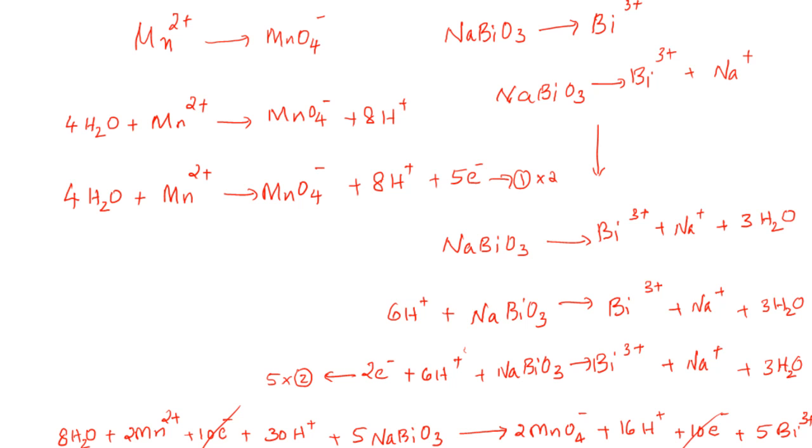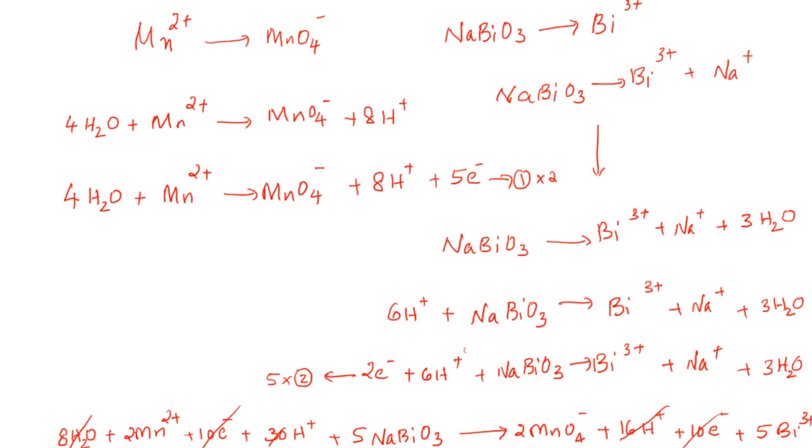Right side, after 8 is gone, we have 7 water left. How about the H+? We have 30 on the left side, 16 on the right side. So all of this 16 will go away, but from 30 when we reduce 16, we are left with 14. So whatever you have now is your balanced redox equation.